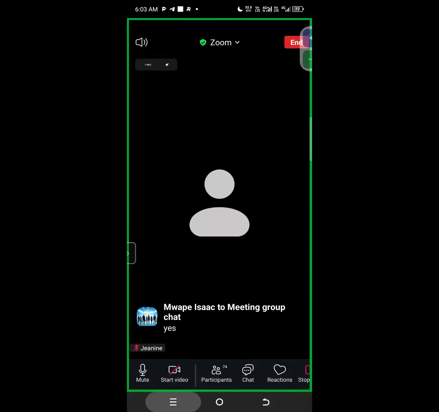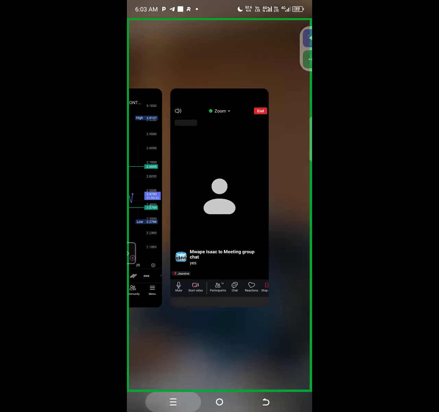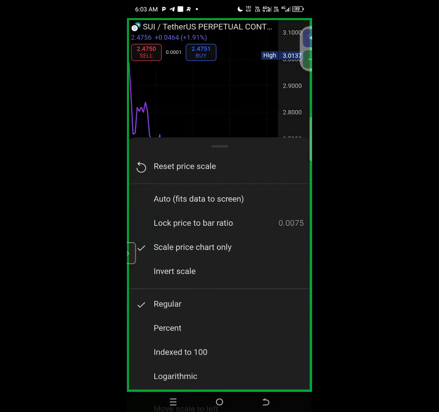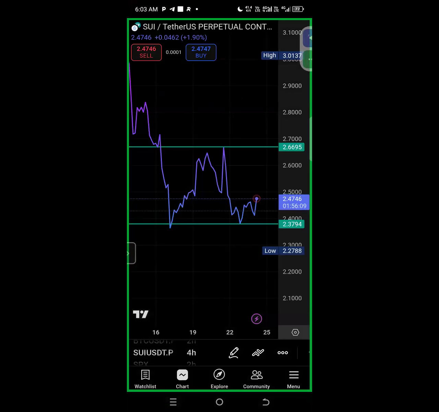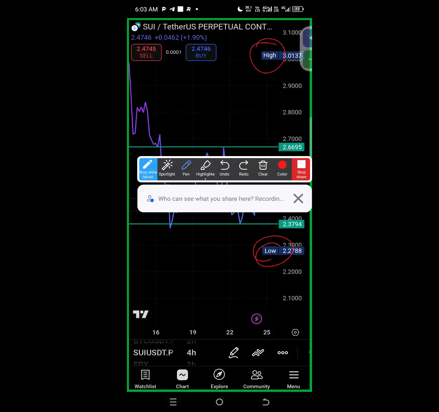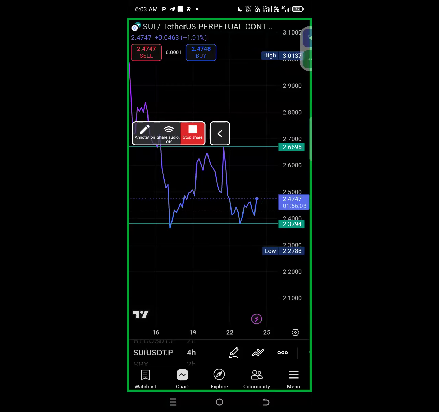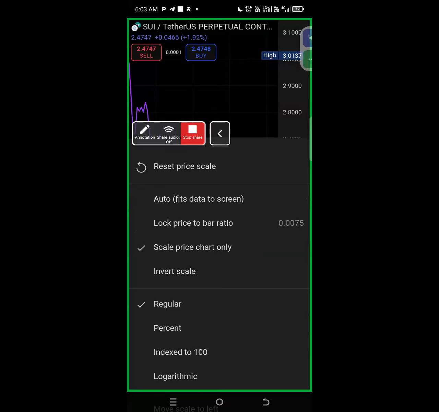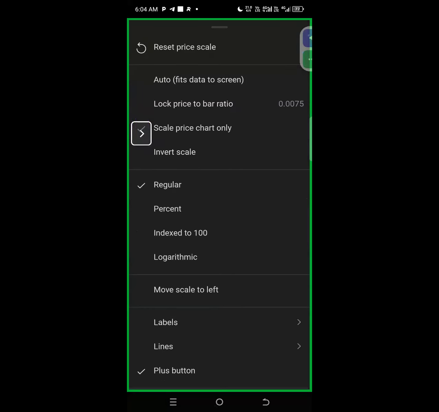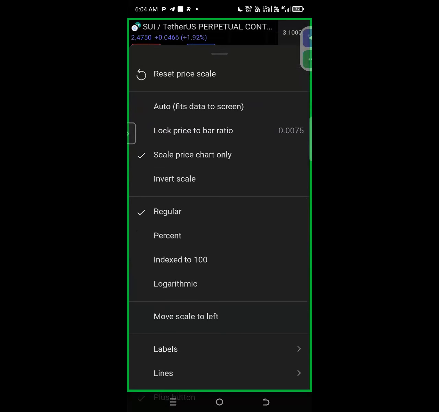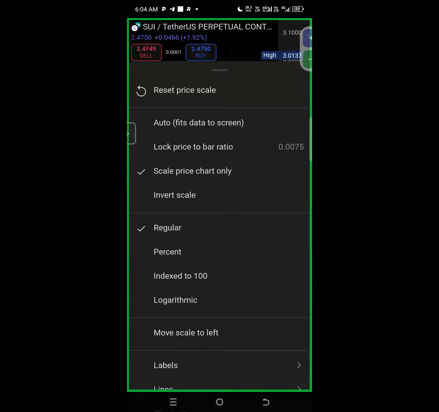Okay, so come to settings. This is settings, okay? Just come to settings. Tap on settings. When you tap on settings, you have scale price charts only, okay?